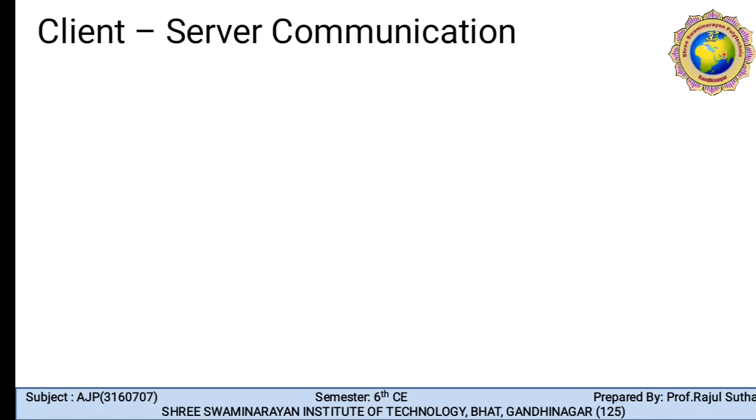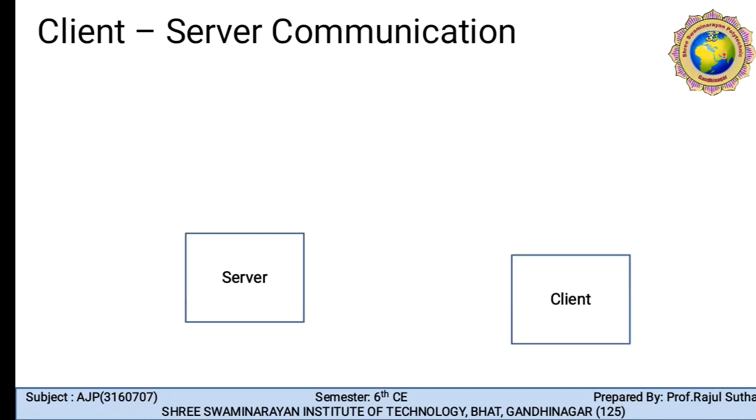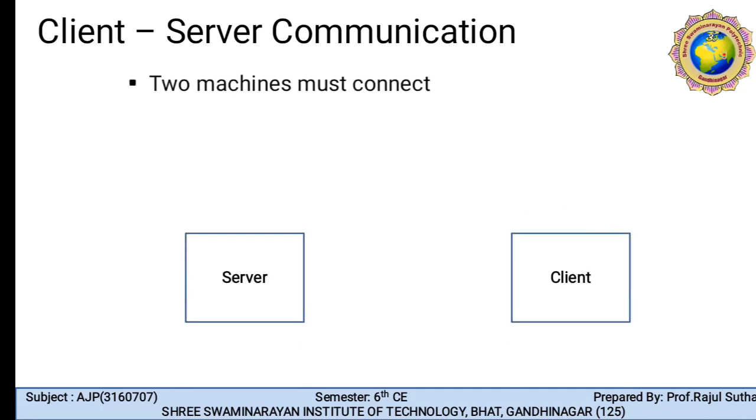Then client server communication. What do you mean by client and server communication? One server and one client, two machines connected with each other by a communication link. The link may be physical, meaning a cable connection, or it may be wireless.